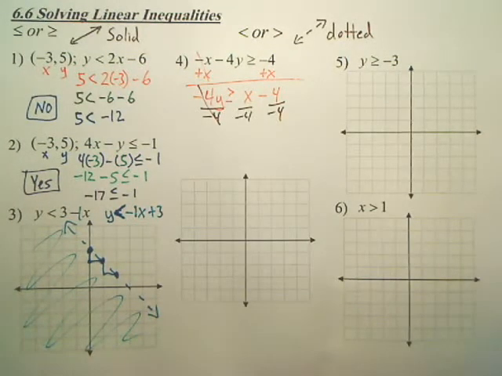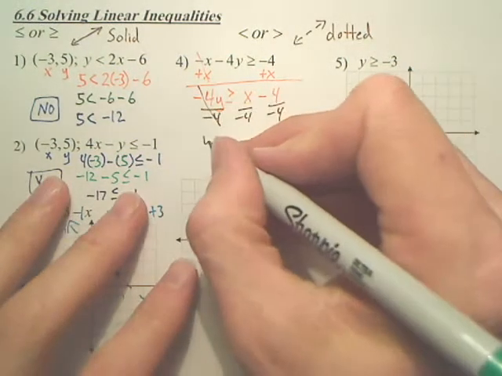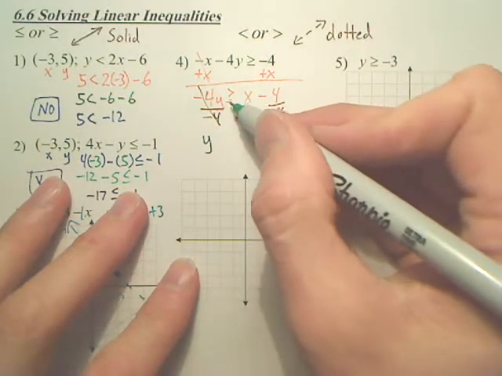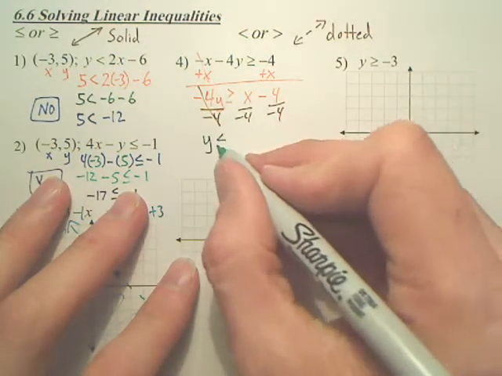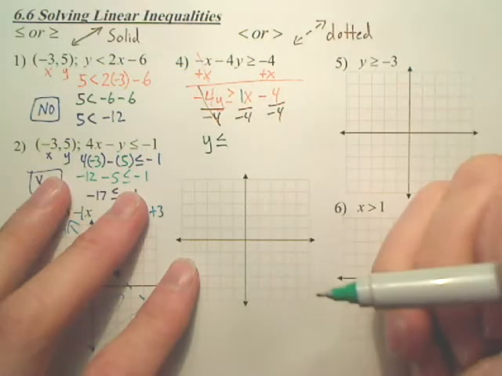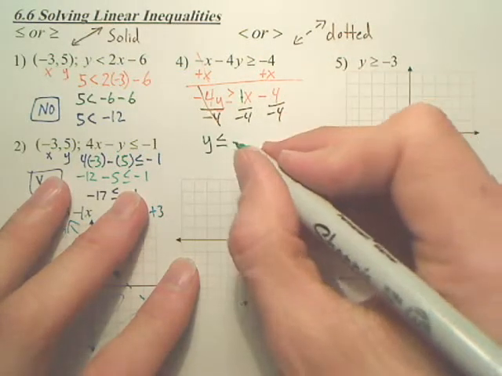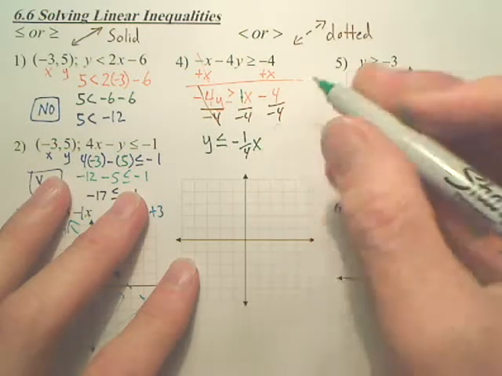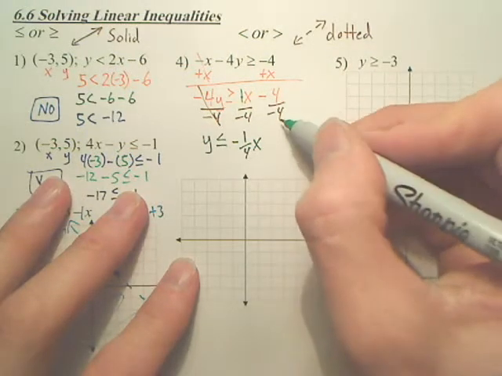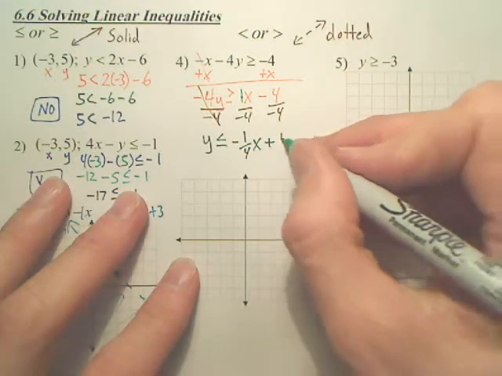Do you remember what happens when you divide by a negative? The sign flips. And then there's a 1 there, so that's -1/4. And then -4 divided by -4 is 1.